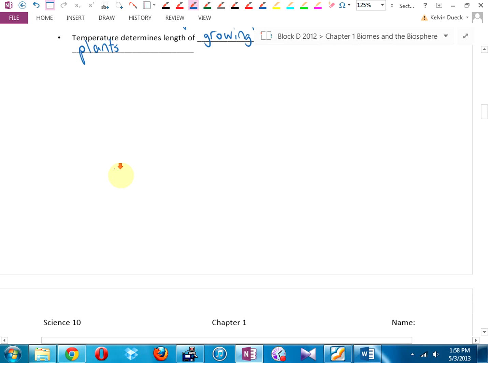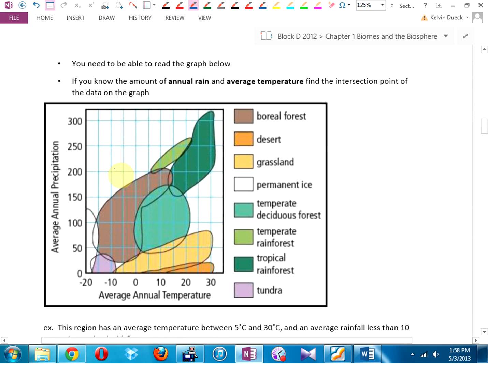Turn the page. You need to be able to read this graph below. On the left-hand side of this graph, along the height, we're measuring average annual precipitation, the average amount of rain. By precipitation, Justine, I'm talking rain, snow, sleet, fog, anything.